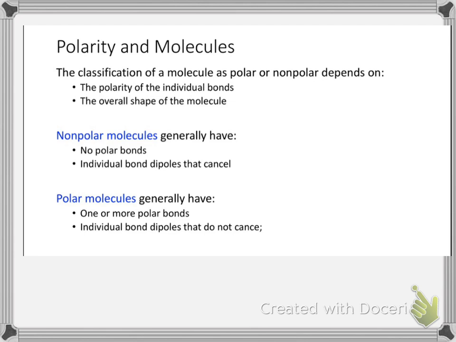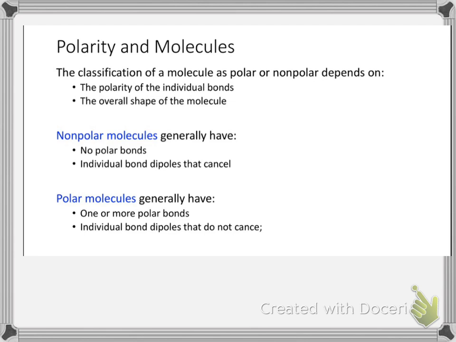A dipole is simply when the charge has a separation in it. If you recall, the atom with the higher electronegativity would become partially negative, and the one with a lower electronegativity would be partially positive. And lastly, if the electronegativity difference is so great, then the electron is actually transferred, and that creates ions, which causes ionic bonding.